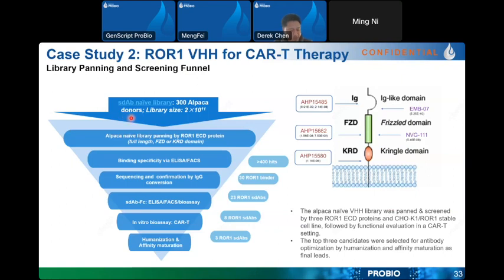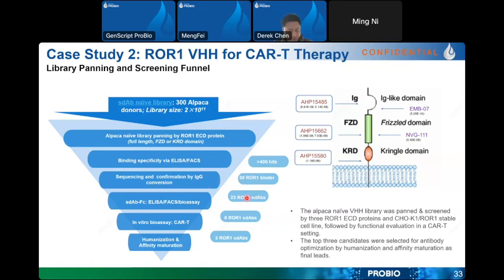After panning with recombinant RR1 protein containing different extracellular domains and screening against both protein and overexpression cell lines, 30 unique sequences were recovered for purification with Fc fusions.